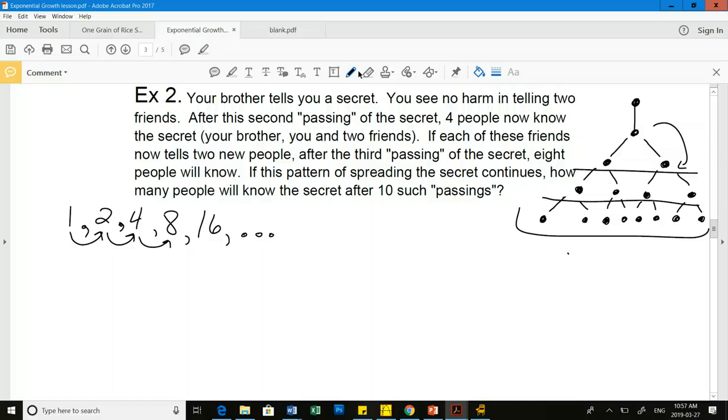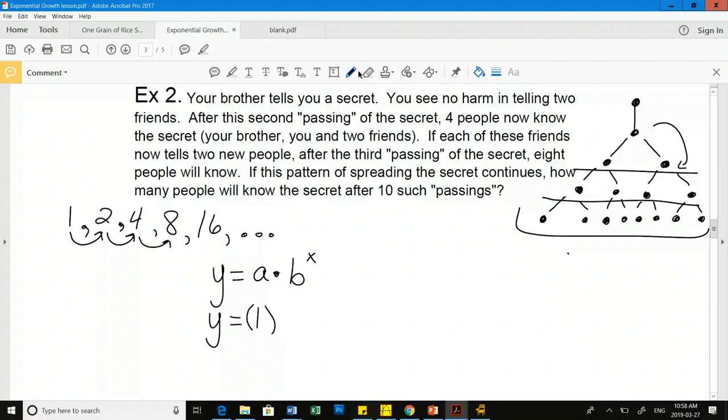So I can continue this if I want, but we have a formula that we can use, and that formula says, now that I've figured out the pattern of what's happening, I have, after no passings, so at the point where the first person knows, only one person knows.